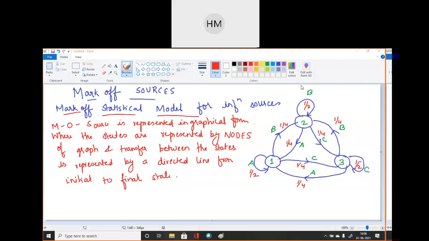Markov source is represented in graphical form where the states are represented by nodes of graph, and transfer between the states is represented by a directed line from initial to final state.